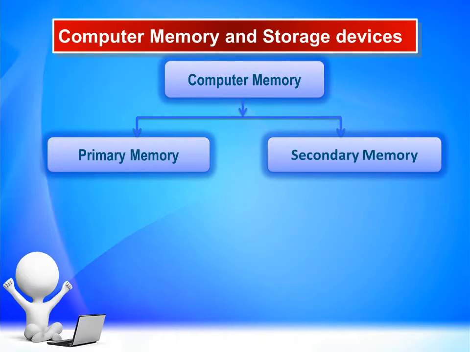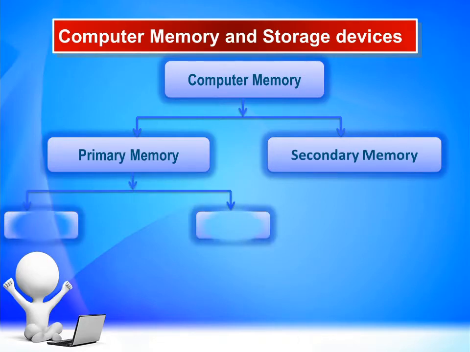Primary memory again can be divided into two types, that are RAM and ROM. RAM stands for Random Access Memory. It is also known as volatile memory, and ROM stands for Read-Only Memory. It is known as non-volatile memory.